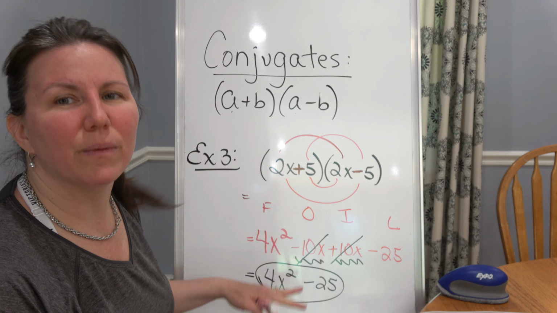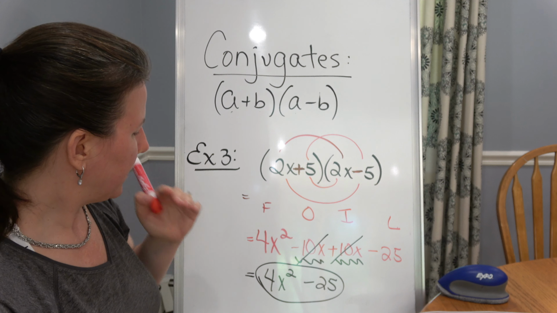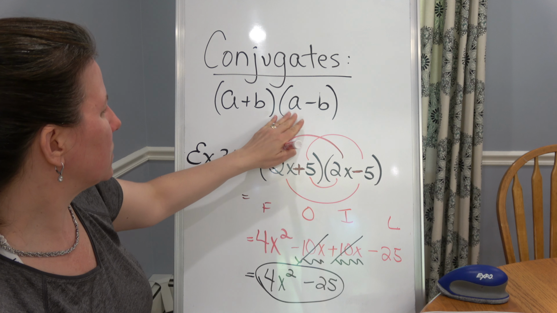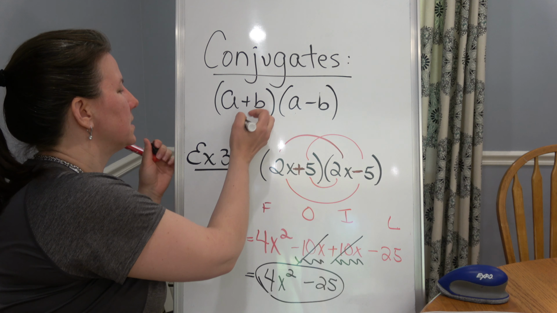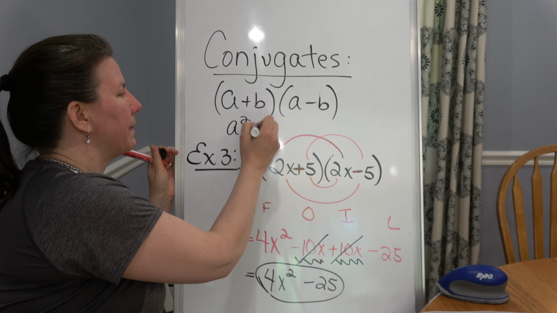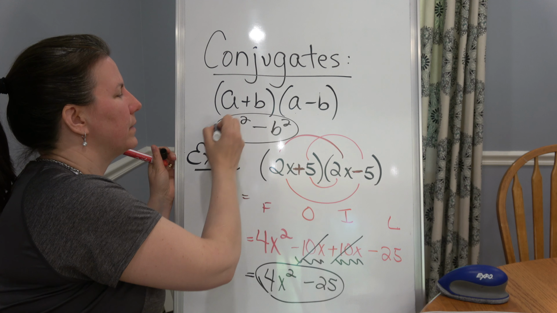If we were in school, I would have done a whole investigative process there. But this is what happens when you multiply conjugates. You actually just get a difference of squares. So this is going to be a squared minus b squared because the outer and the inner are going to cancel out for us.